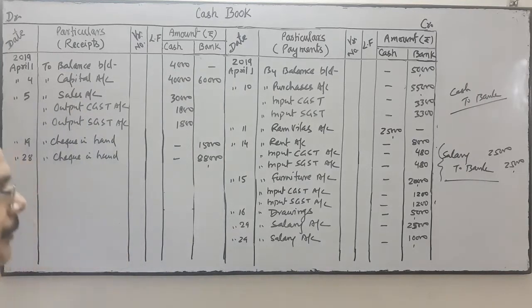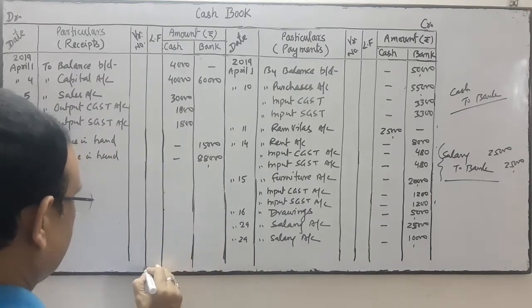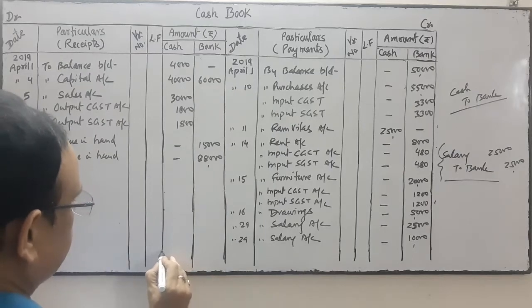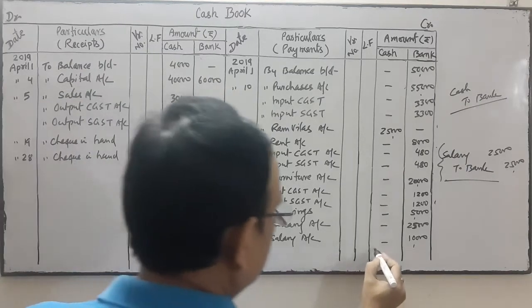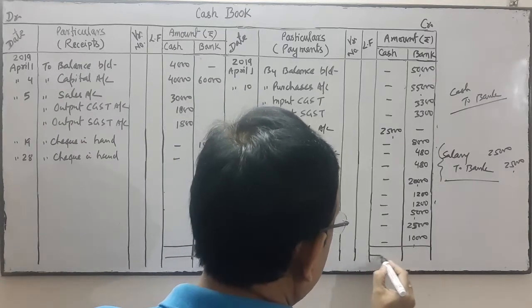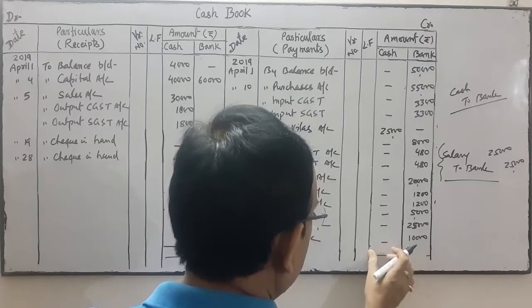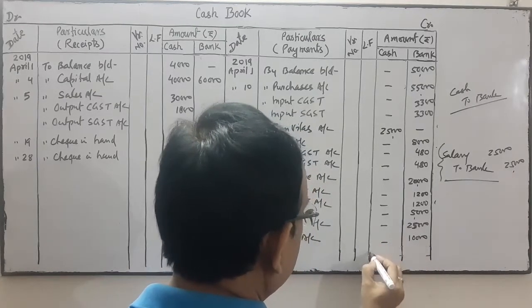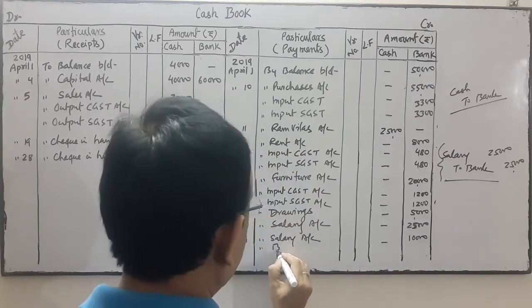Now we'll find out the difference amount and we'll see the balance. For that we have to do the total first. Then we'll find out the difference amount, taking into account the balance c/d.